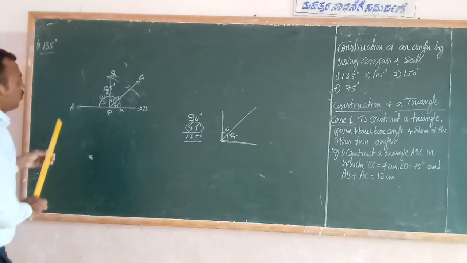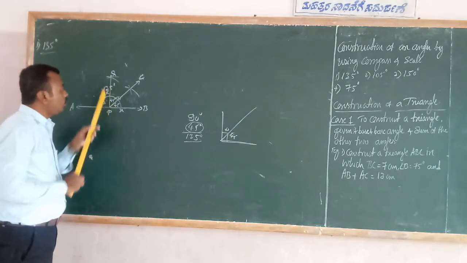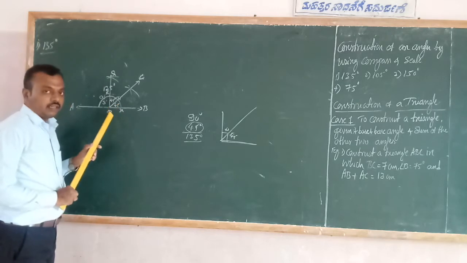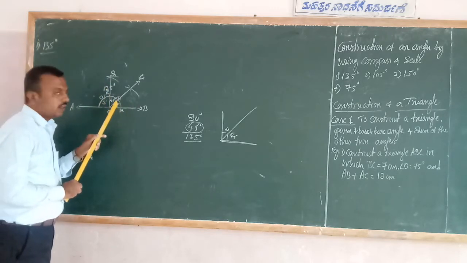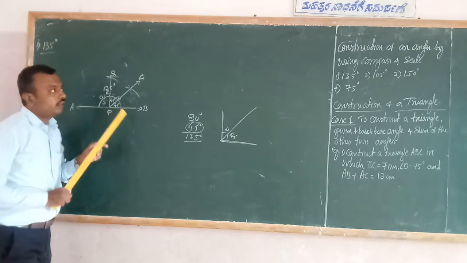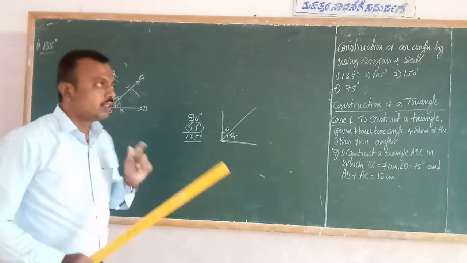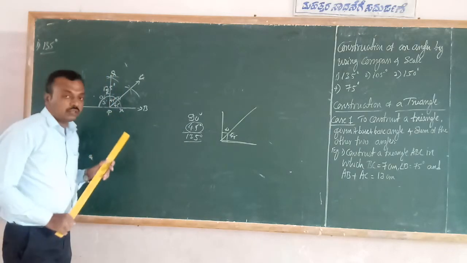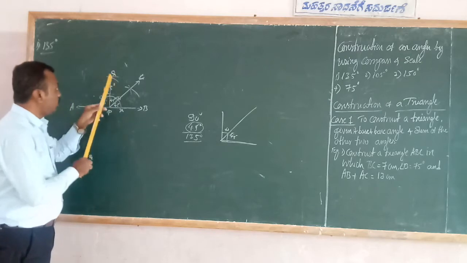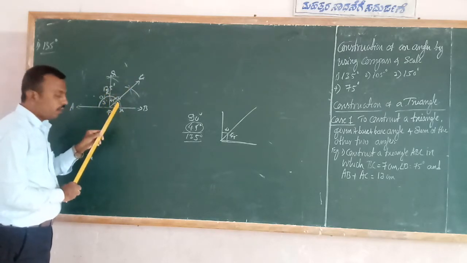Did you understand how to construct the 45 degree? First you have to draw the 90 degree and bisect it, you get the 45 degree. Next, if you want 22 and a half degree, how to construct it? First construct the 90 degree and bisect it, it becomes 45 degree.